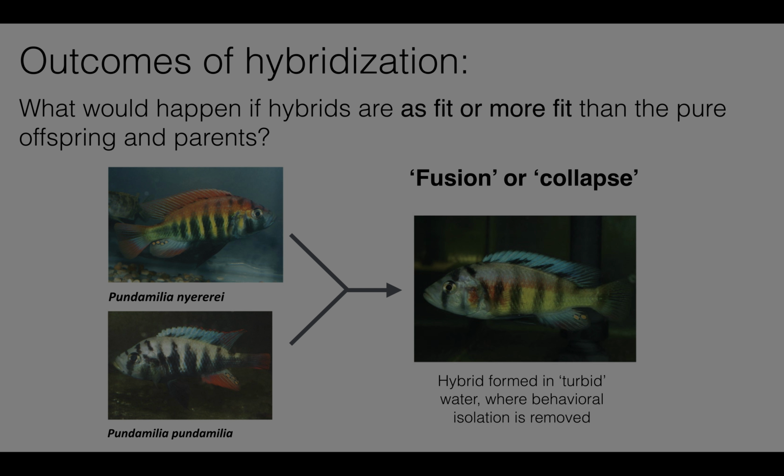And so when those waters became more turbid, when they became less clear, that behavioral isolation was removed, and all of a sudden those species, and this has happened with lots of different species, they've started to collapse. Okay, that single barrier that prevented them from mating disappeared, and then those species collapsed or fused. And sometimes that means that you go from having two species to having one species.